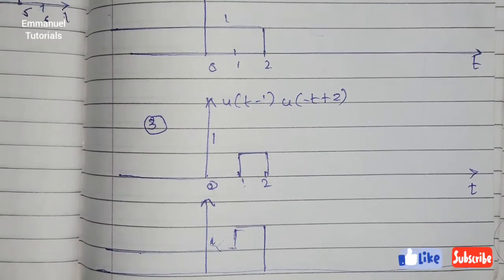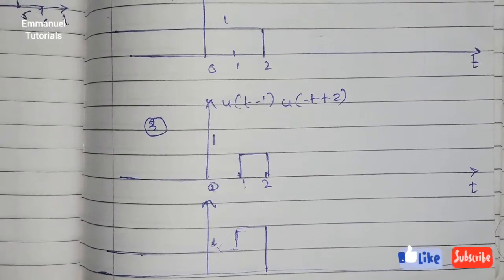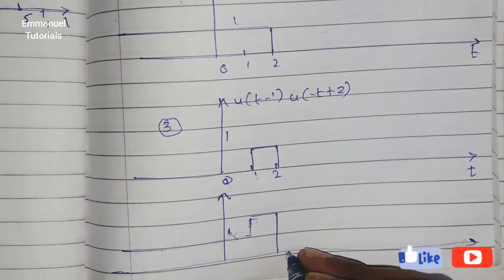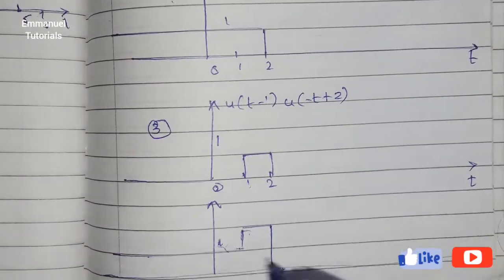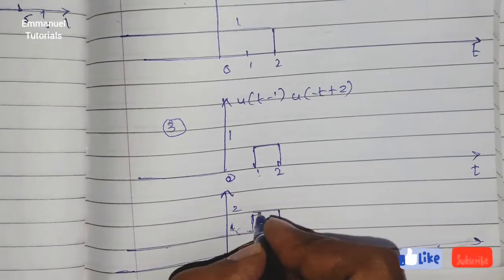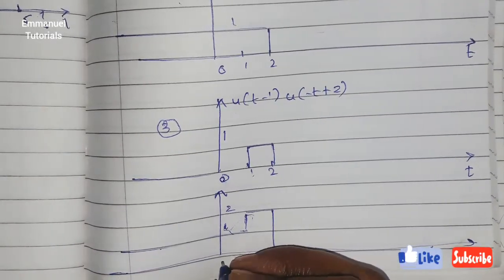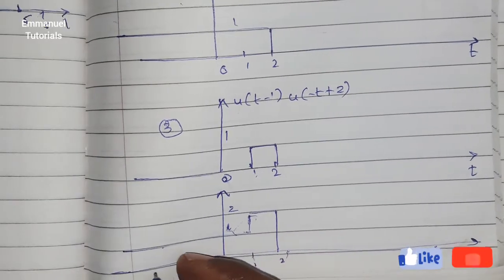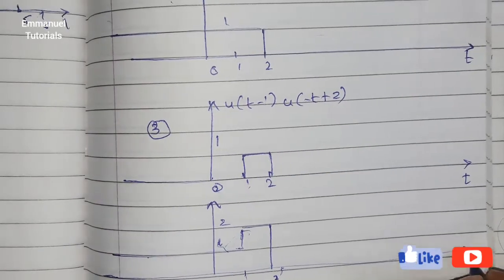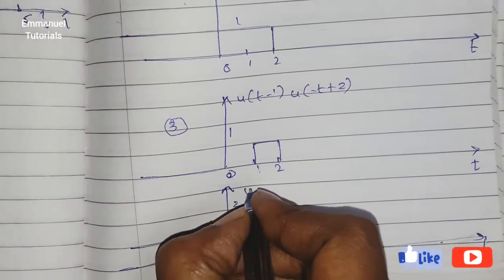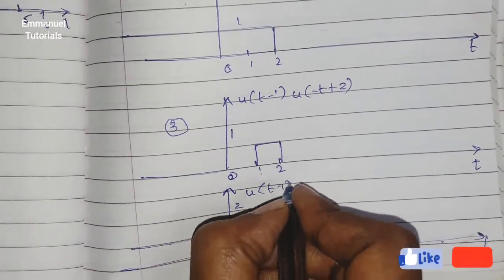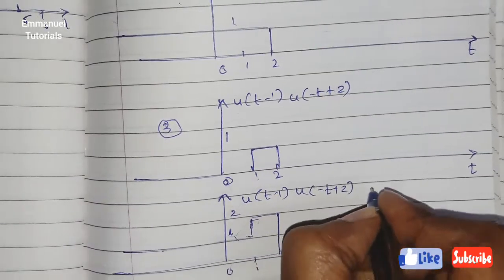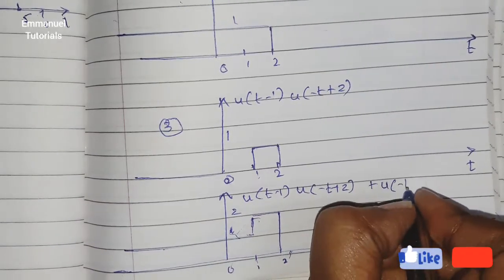So 0 plus 0 is going to give us 0 till plus infinity. So we have stopped our signal at this point, and after that it's going to be continuously 0. So the amplitude over here is 2, and you can also mark the points. This is the t-axis. This is u of t minus 1 into u of minus t plus 2 plus u of minus t plus 2.